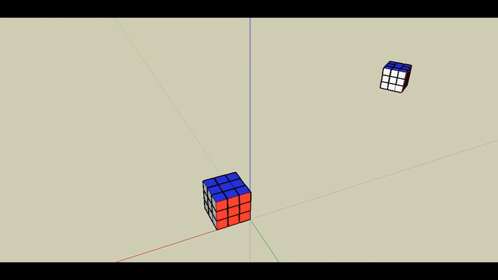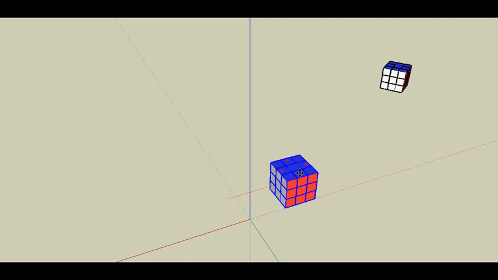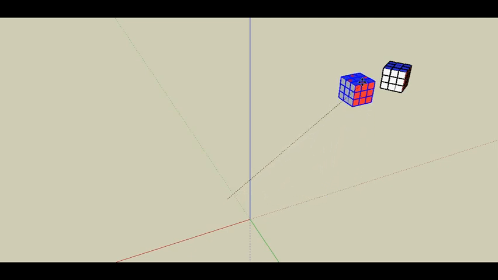All the points didn't actually travel the same distance. However, we can assume a motion of the Rubik's cube where all its points travel the same distance, like this.